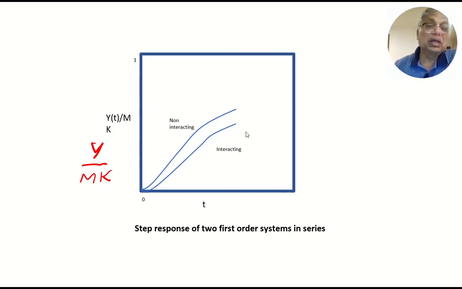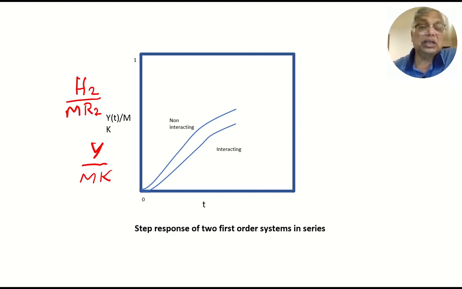Now if you specifically plot for two tanks, then the y-axis will be h2 by m r2, since k is r2. In general notation I have shown it as y by mk.